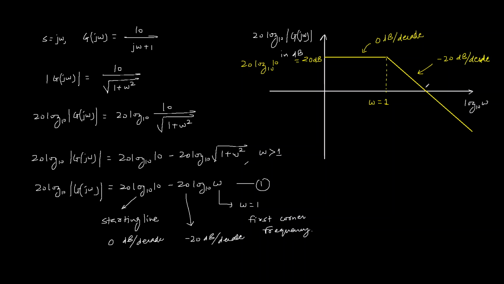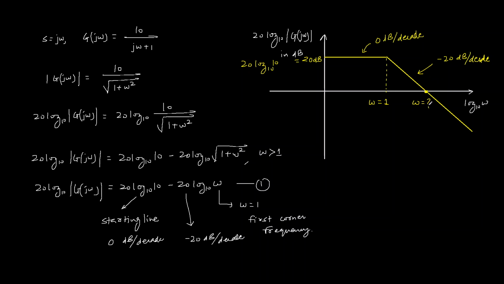So now we can find the frequency at which the magnitude of the Bode plot is 0. At omega equal to 1, the magnitude is 20 dB, and the slope is minus 20 dB per decade.